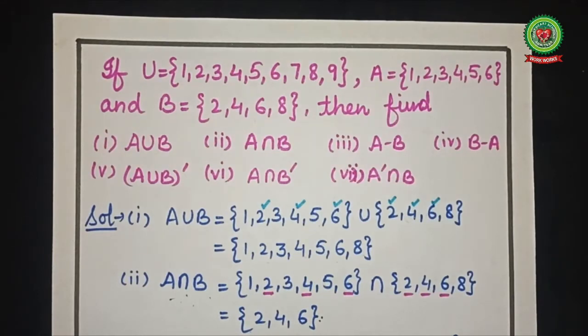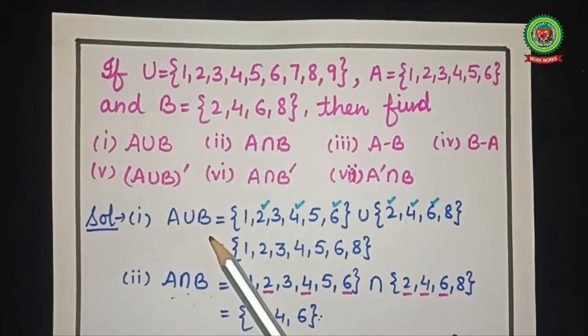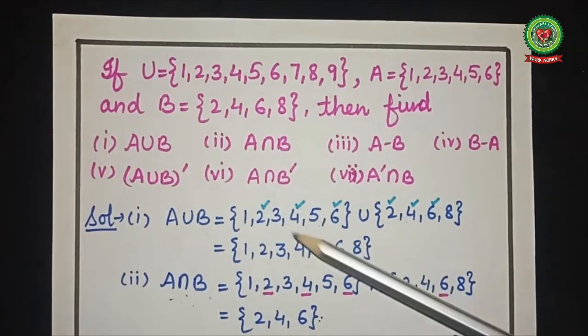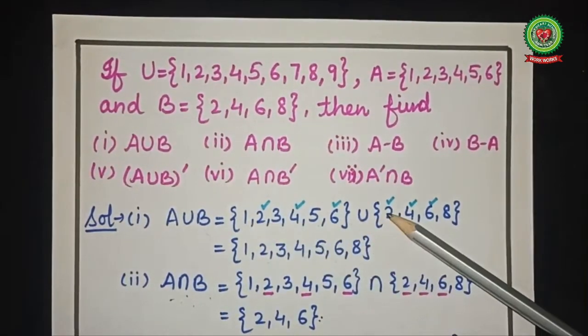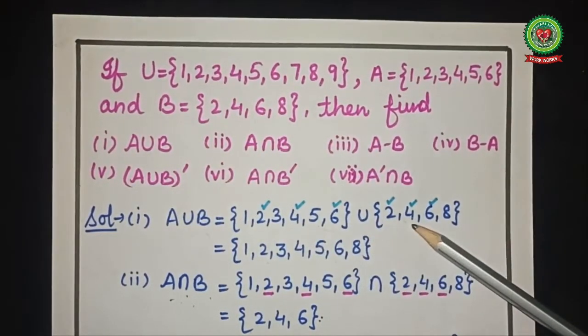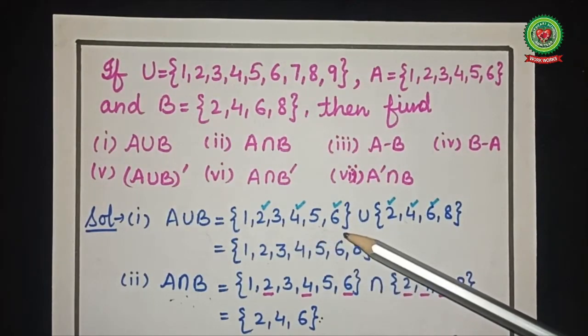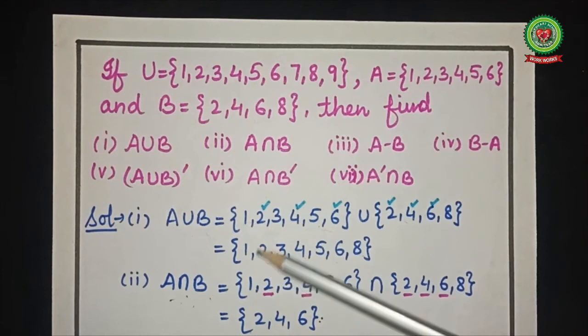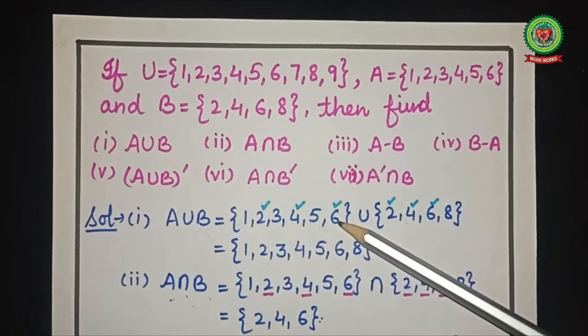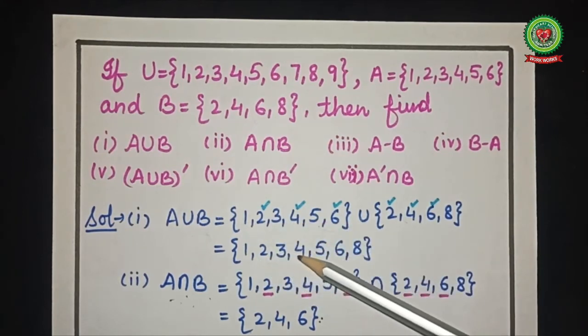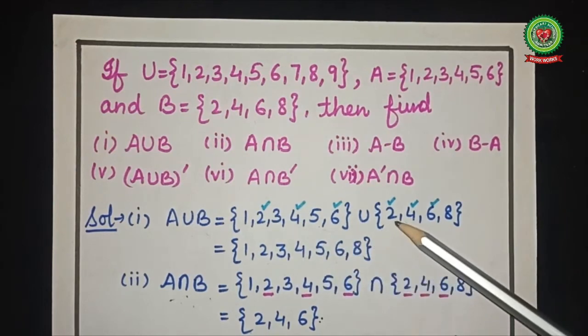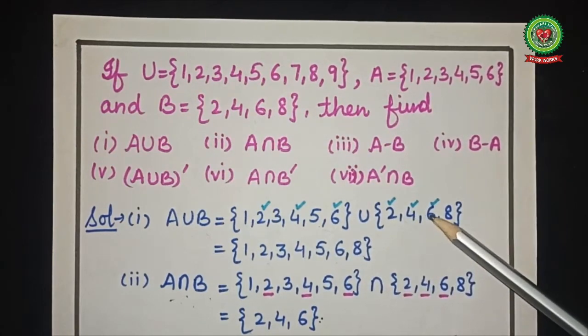Now first of all, A union B. In union we have to combine the elements. So it will be first A set union B set. Now we will write down the repeated element only once. So answer will be, first we will write down the elements of A set, that is 1, 2, 3, 4, 5, 6, and check here 2, 4, 6 are the repeated elements.